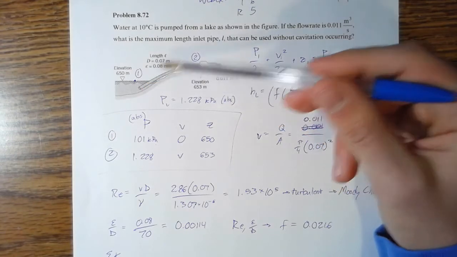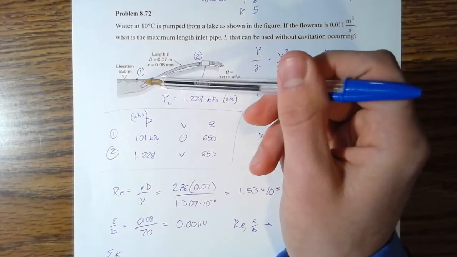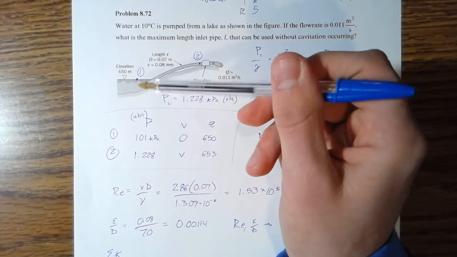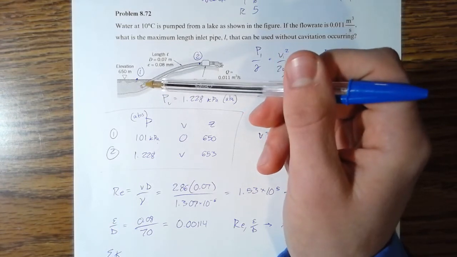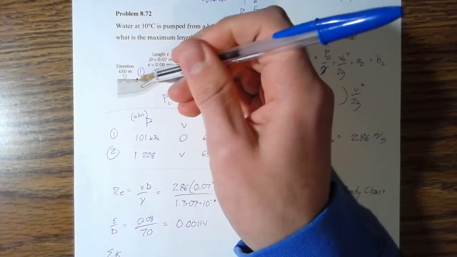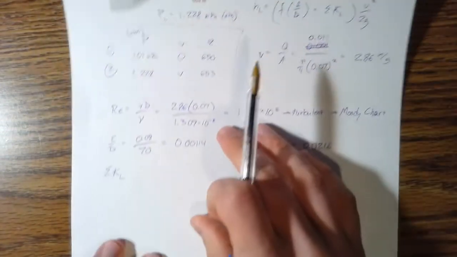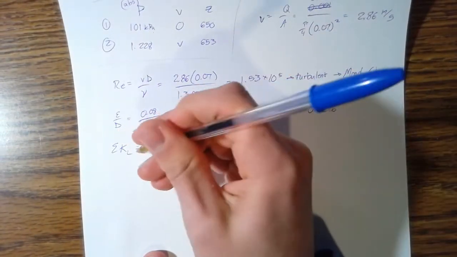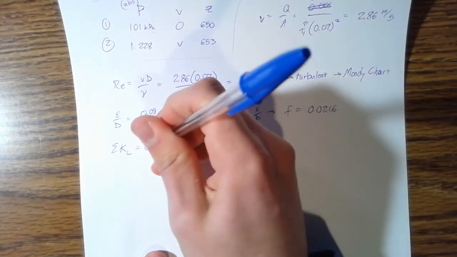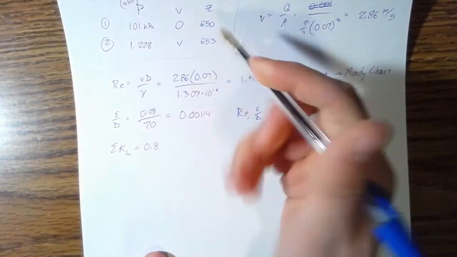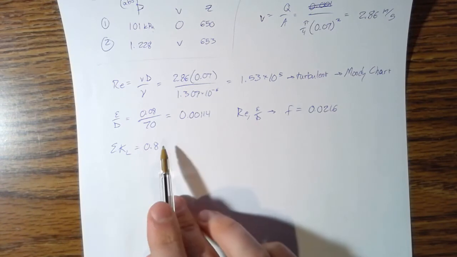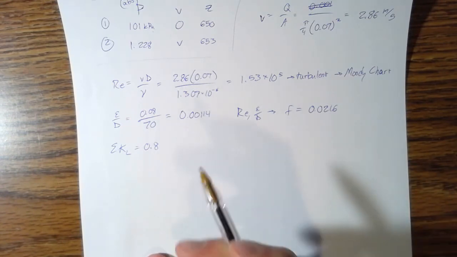But at our entrance, the pipe is inside the water, so we're going to lose a little bit as things are flowing in. There's a loss coefficient that happens there, which would be given to you, and that is 0.8. There aren't any others, so sigma KL is just 0.8.